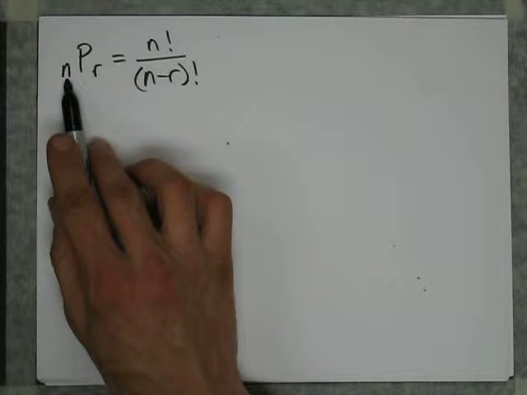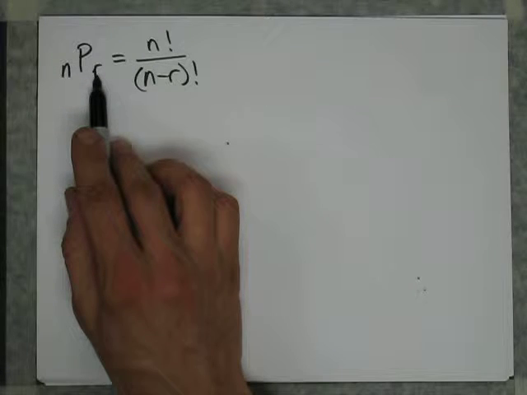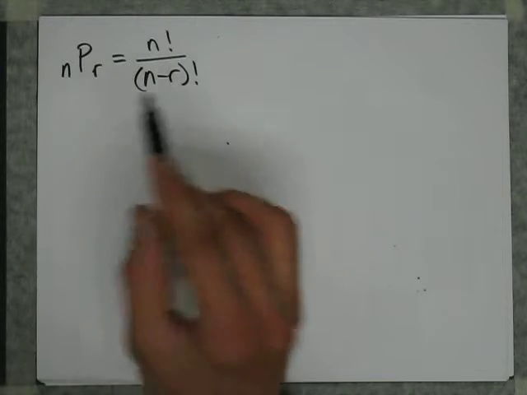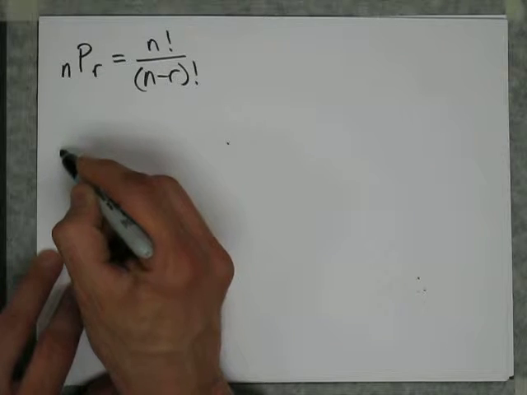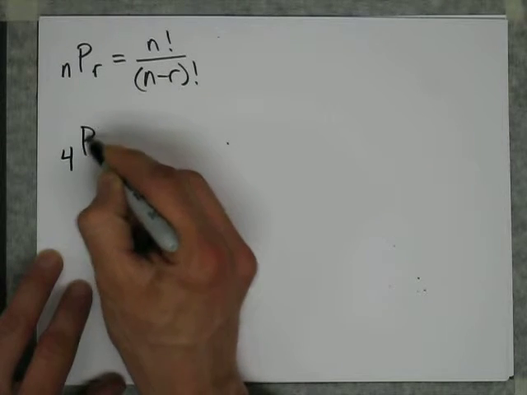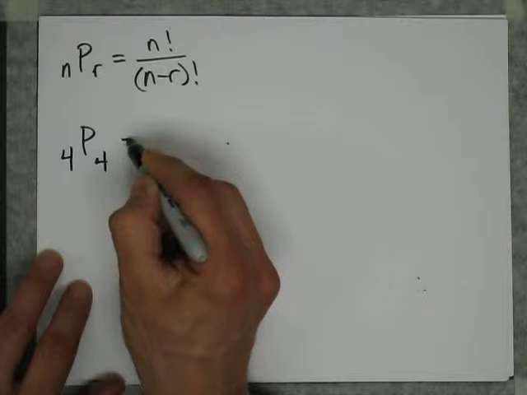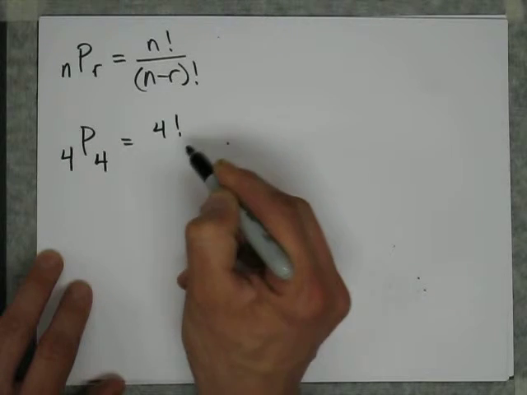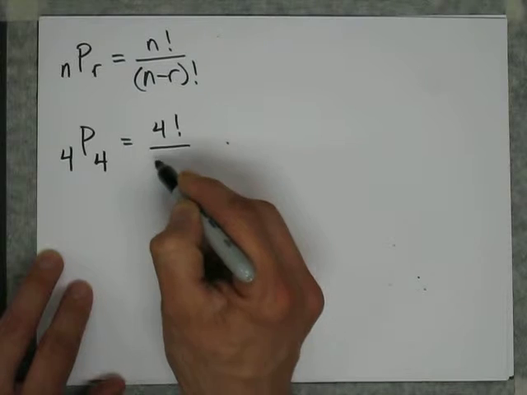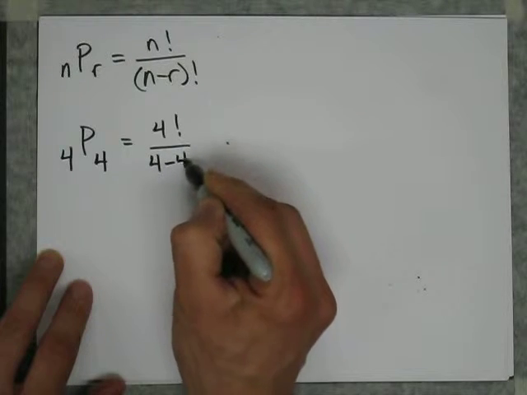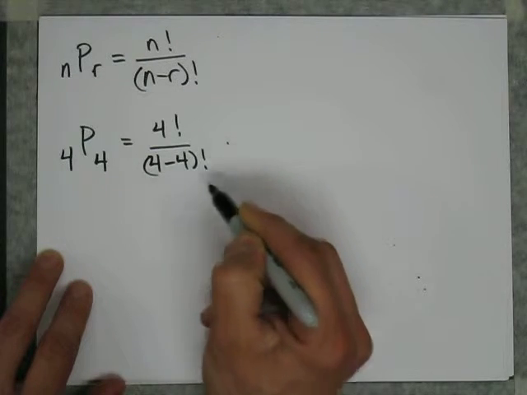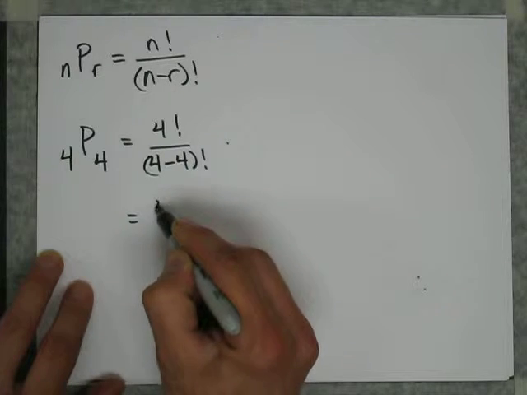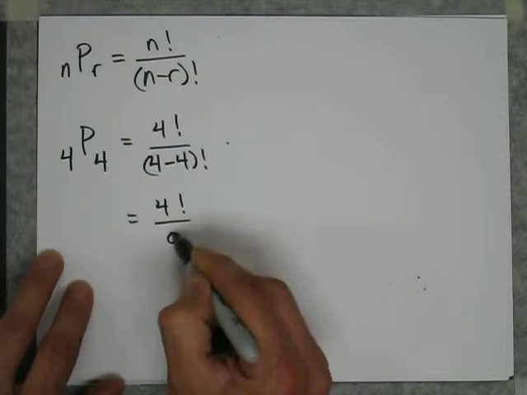In the case of what we just did, we had 4 letters. We wanted to choose 4 of them. So we could say 4 factorial over 4 minus 4 factorial, which is equal to 4 factorial over 0 factorial.